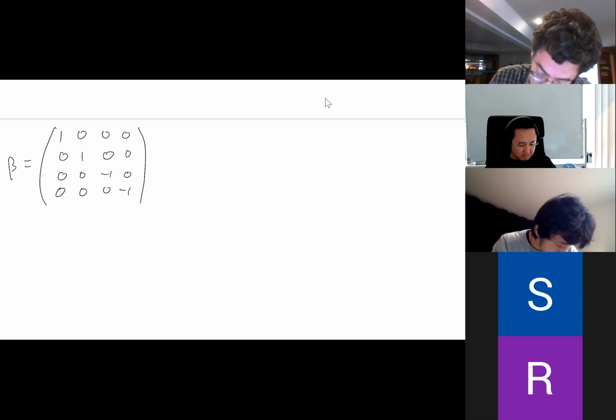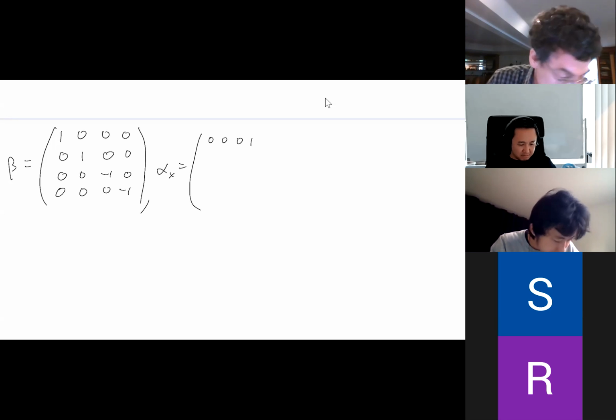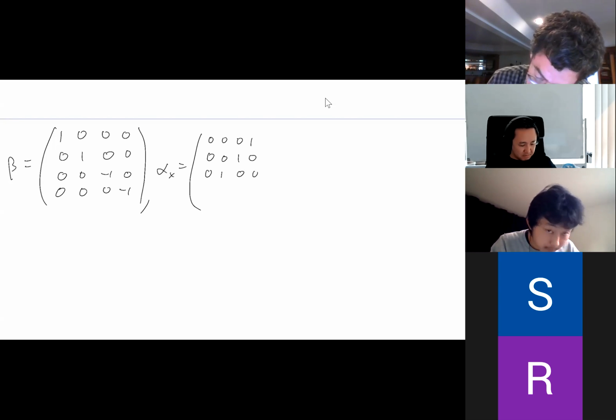And alpha x is equal to the matrix with rows 0, 0, 0, 1; 0, 0, 1, 0; 0, 1, 0, 0; 1, 0, 0, 0. You see there is a pattern to it.